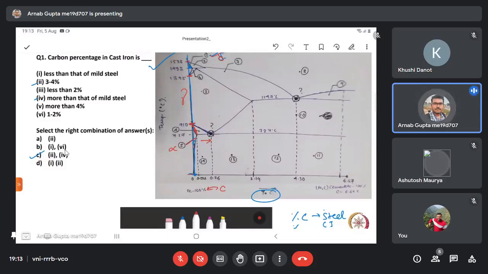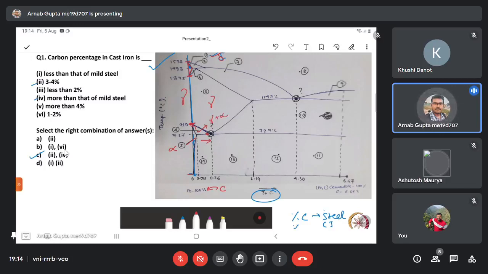Rather, a transition zone has been formed in between. This red colored region that I am marking here is the transition zone. What is the phase composition of the transition zone here? This is alpha, this is gamma, and this particular part is delta. Then what is this part? This is alpha plus gamma, right?